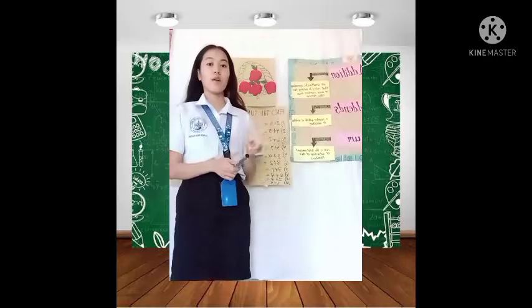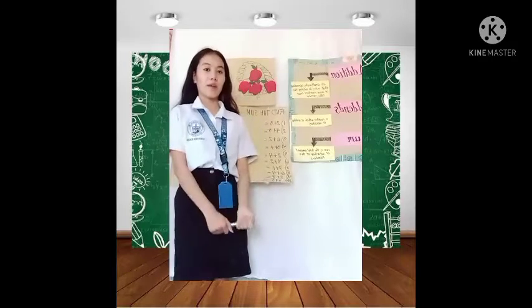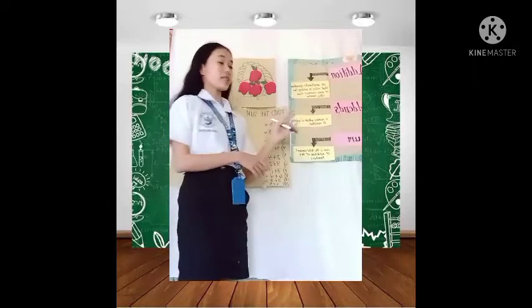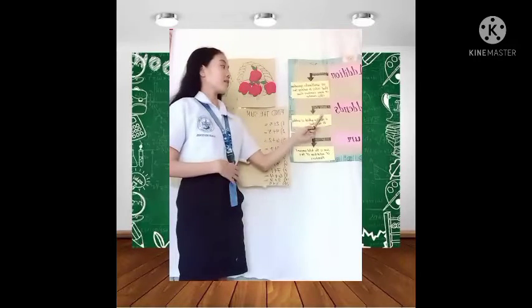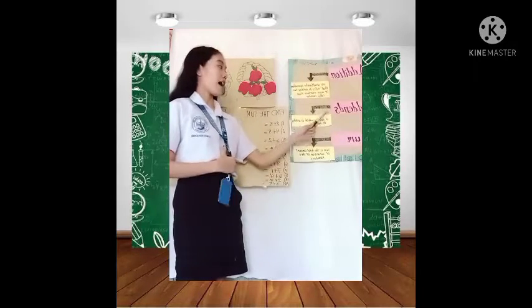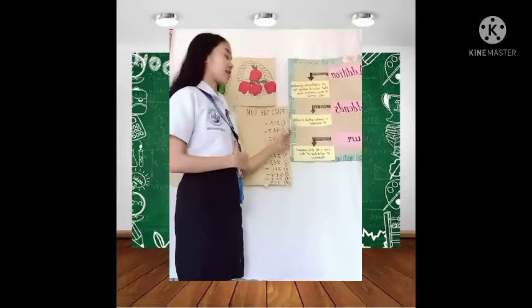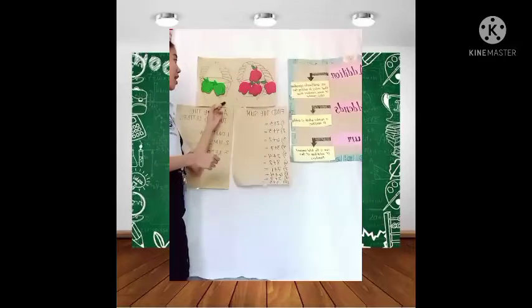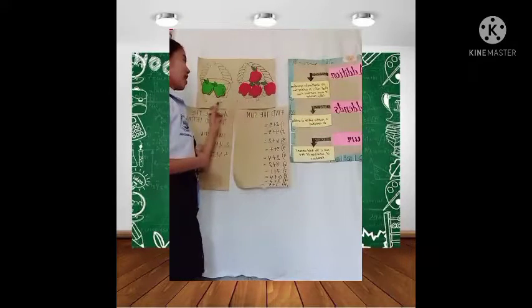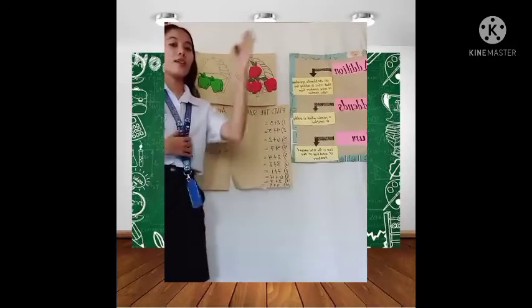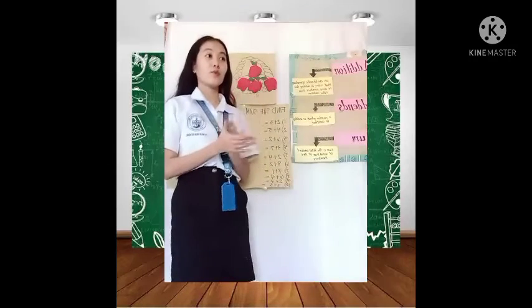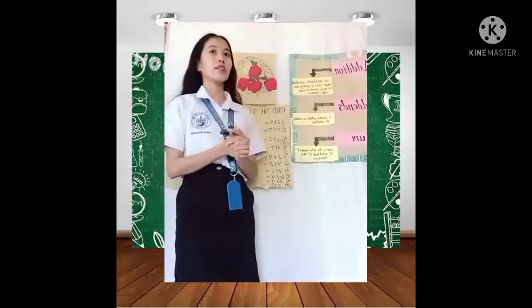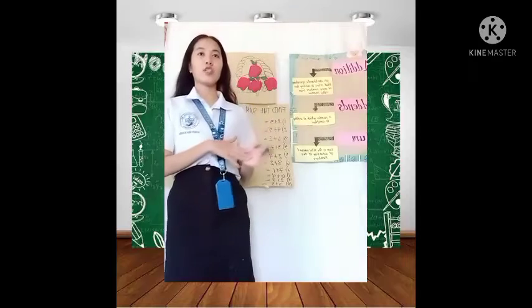So now class, listen. In addition, there are two variables that we're going to simplify, the addends and the sum. So now, first, what is the addends? Everybody read. Addends is a number which is added to another. So in this situation, can you identify where is the addends? Yes, Miguel. 2? Are you sure? Who else has another answer?